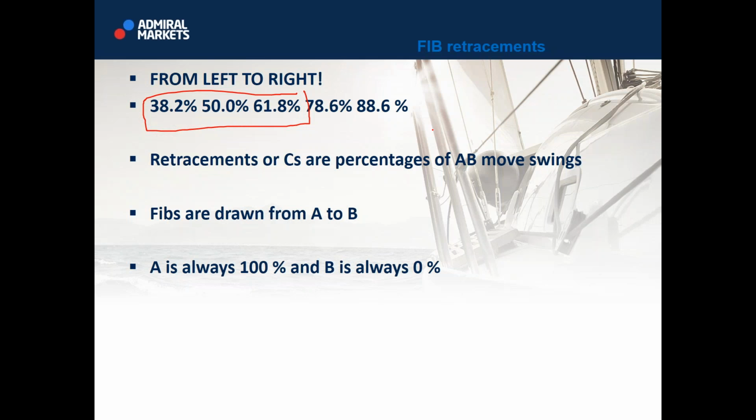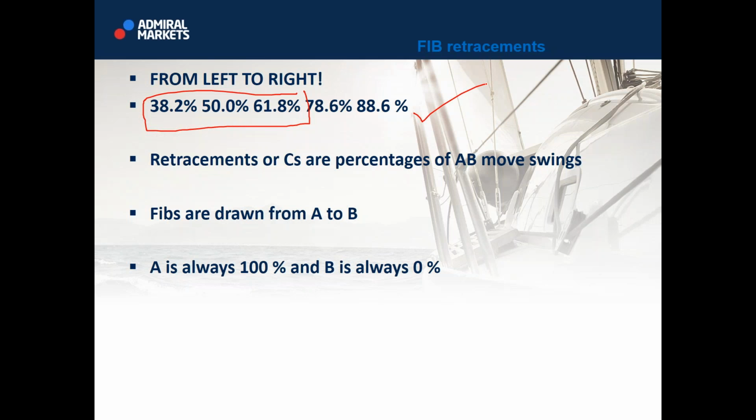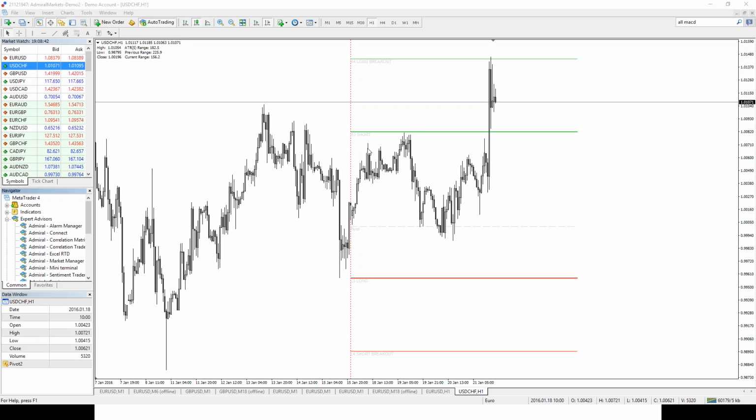78.6 and 88.6 should be entered manually, and I will show you now how to do it, because I know that some traders still are not able to do it on their own. So this is how I do it and how you should do it too. Let me open the chart for you.